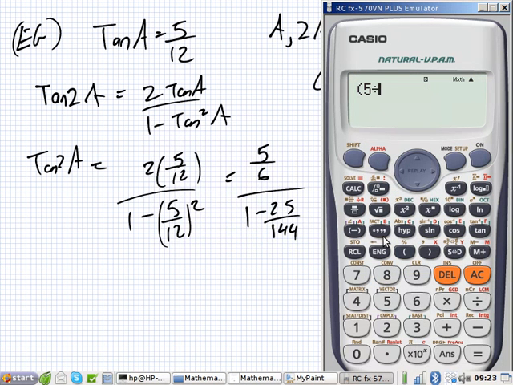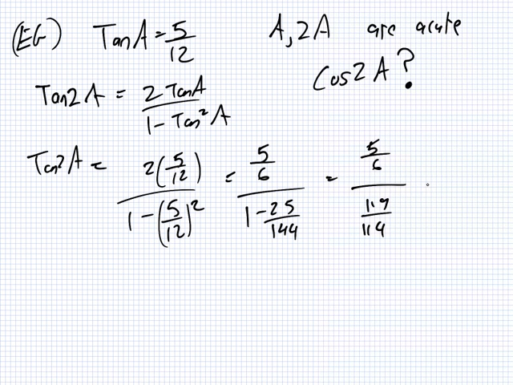So 5 over 6 divided by that gives 120 over 119. That's tan 2A.